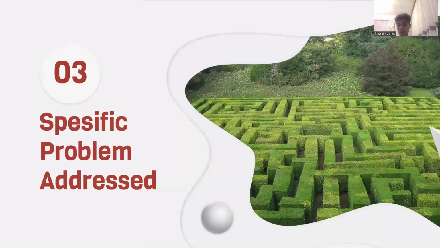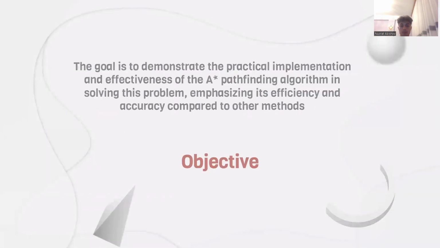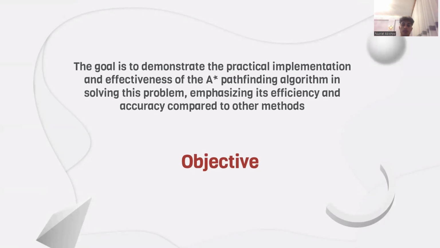The specific problem addressed. The specific problem is that we need to find the best and optimal way between 2 points, where we have an initial state and a final state. Objective. The goal is to demonstrate the practical implementation and effectiveness of the A-star pathfinding algorithm in solving this problem, emphasizing its efficiency and accuracy compared to other methods.